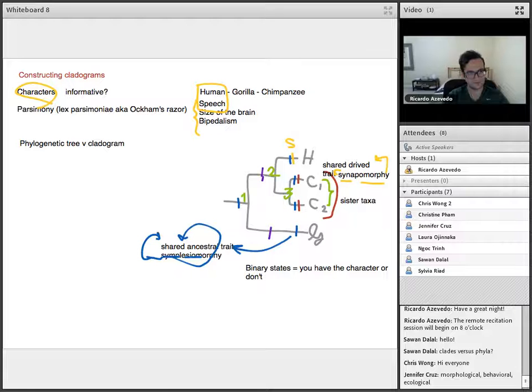Again, just for simplicity, same as syn in the previous one, it just means shared. Plesio means ancestral, and morph is a character or a trait. So the shared ancestral trait amongst these species. Simple as that.